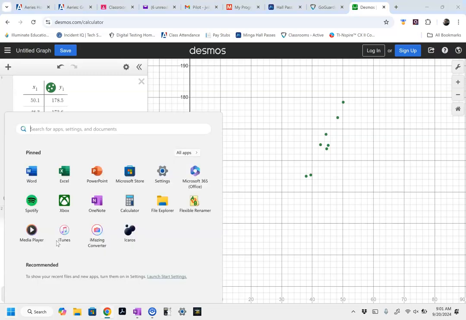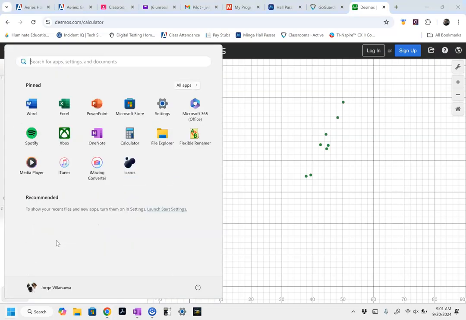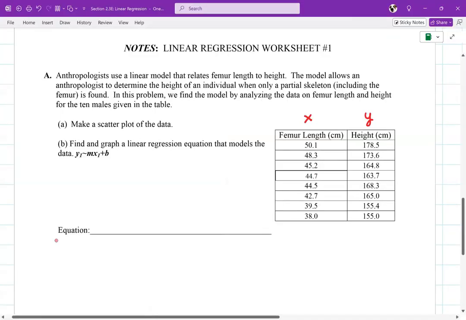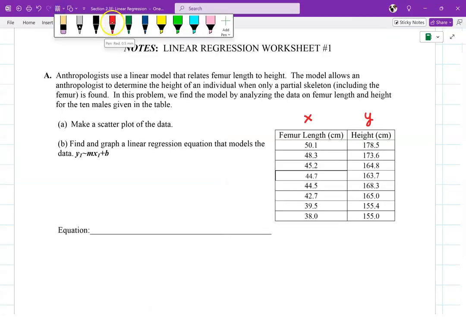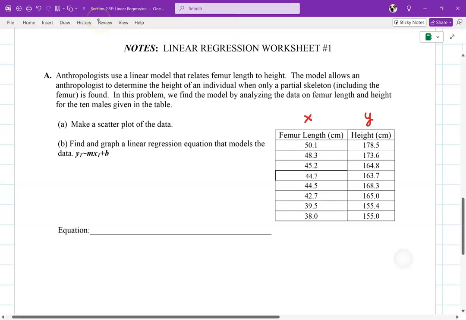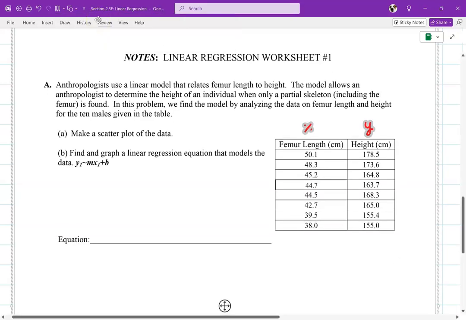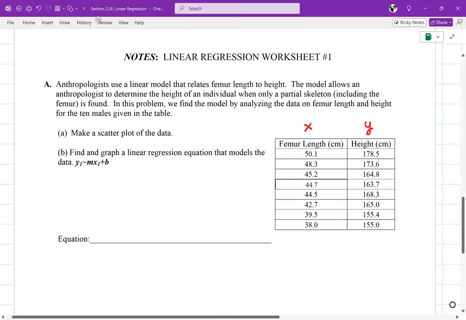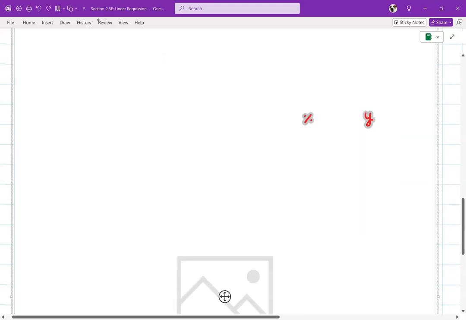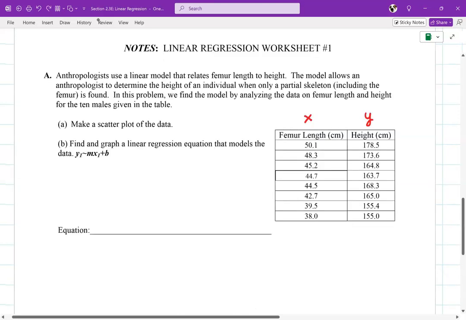So let me go really quick to this part right here, and I'm just going to ask a quick question. I'm going to write, what correlation is it?